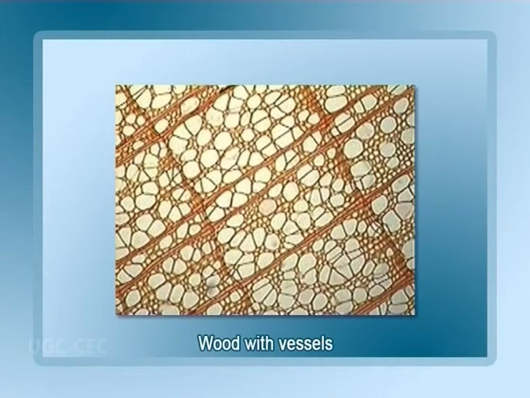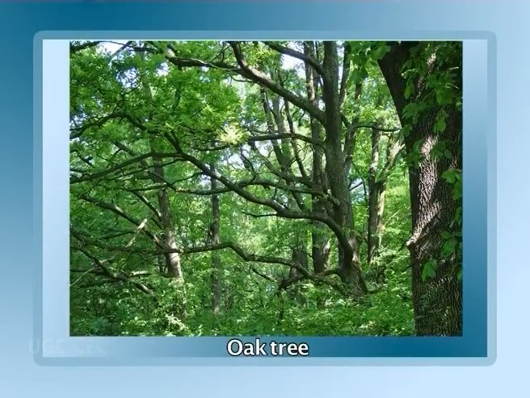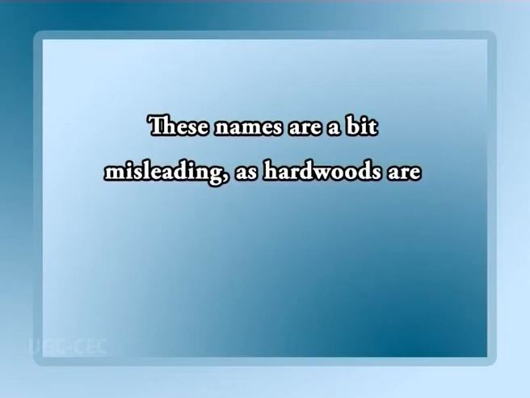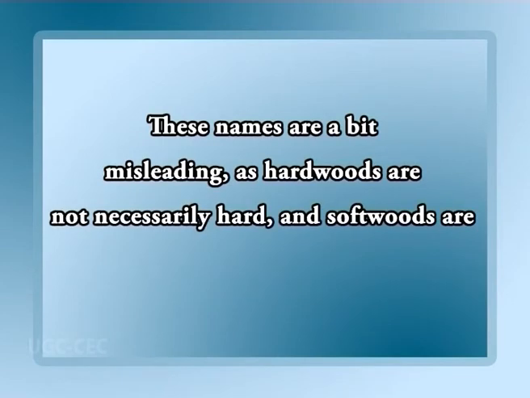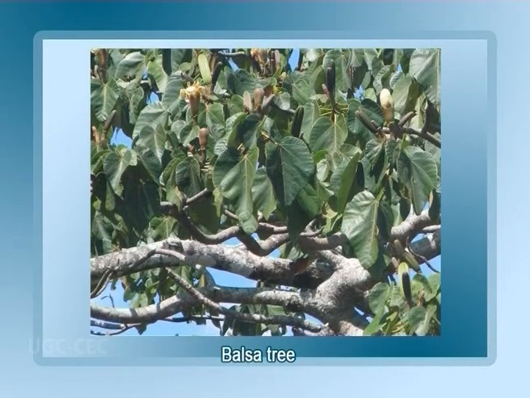Wood from angiosperms, usually broad-leaved trees, for example oak, consists of both tracheids as well as vessels, and is called hardwood. The names are a bit misleading as hardwoods are not necessarily hard and softwoods are not necessarily soft. The well-known balsa, a hardwood, is actually softer than commercial softwood. Conversely, some softwoods are harder than many hardwoods.